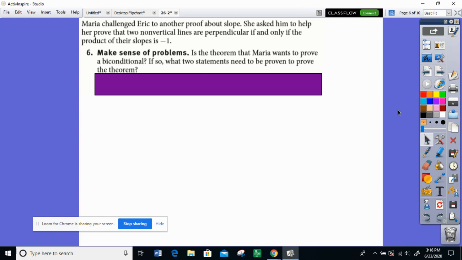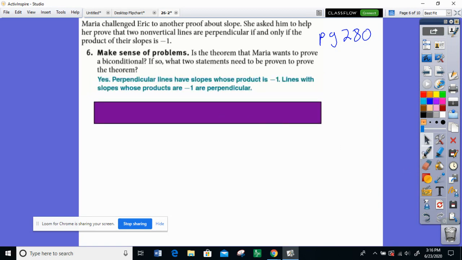Maria challenged Eric to another proof about slope. She asked him to help her prove that two non-vertical lines are perpendicular if and only if the product of their slopes is -1. So is this a biconditional statement? Well, since it's in the form if and only if, that means that that's a biconditional statement.